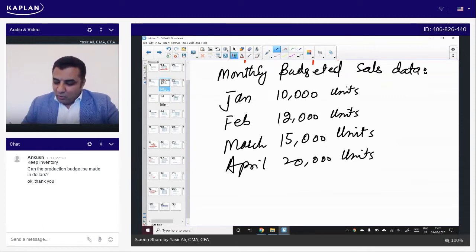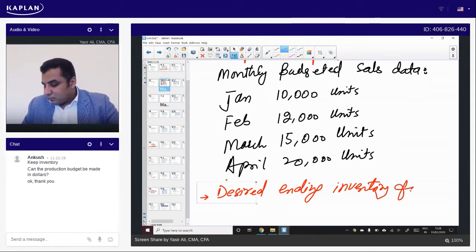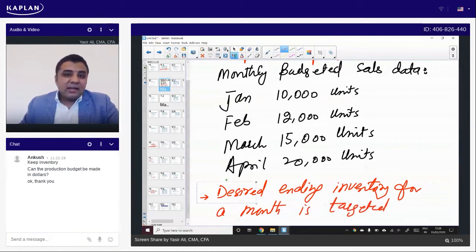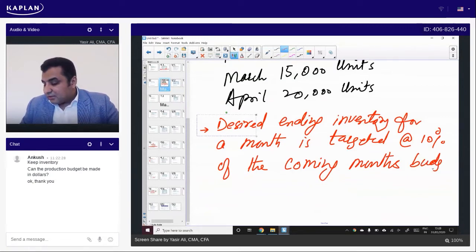You are given one line only: that the desired ending inventory for a month is targeted at 10% of the coming month's budgeted sales.